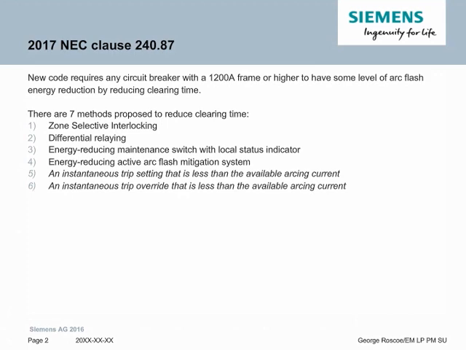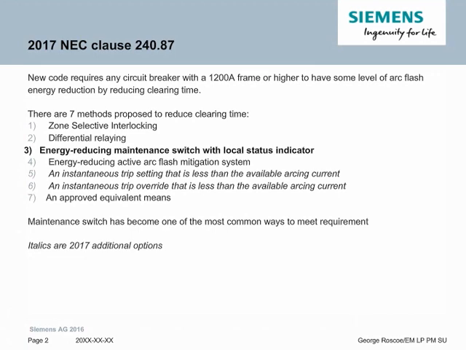The sixth, which is also a 2017 edition, is an instantaneous trip override that is less than the available arcing current. What this means is if you can set the typical nominal trip setting below the arcing current, that is now an approved means for NEC 2017. And number 7 is an approved equivalent means, which is basically up to the discretion of the inspector.